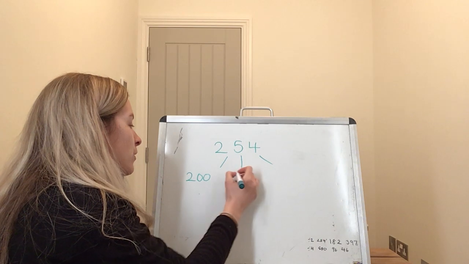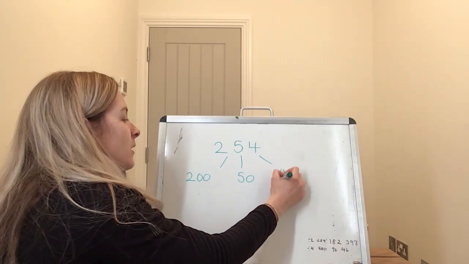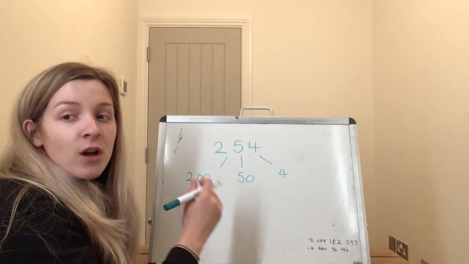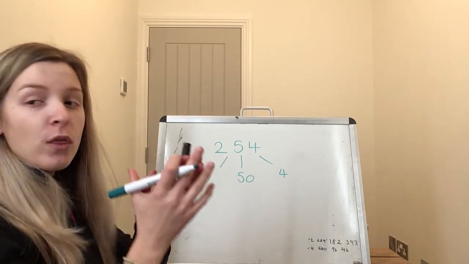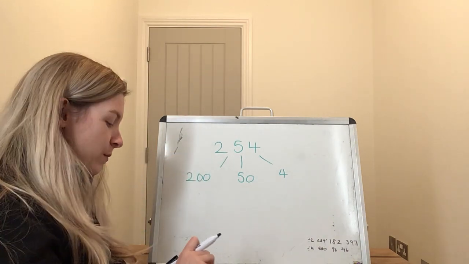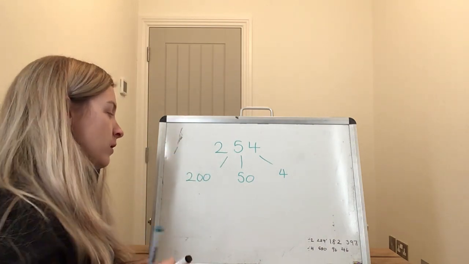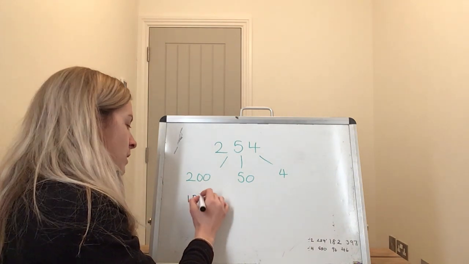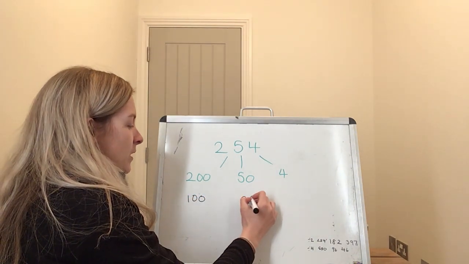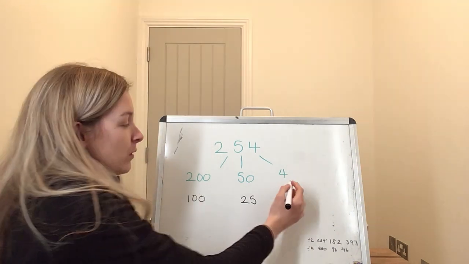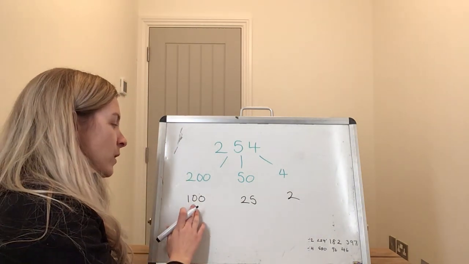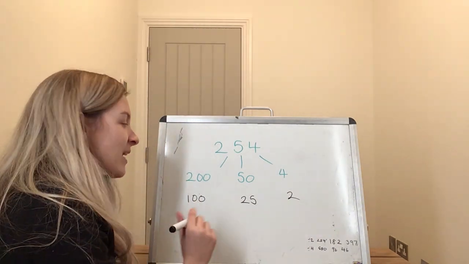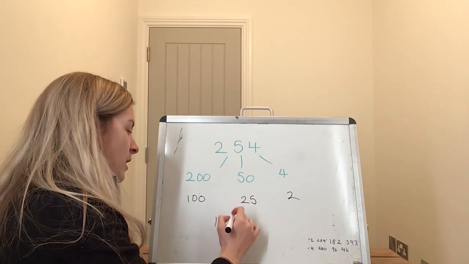So we have 200, 50 and 4, and we can half all of those, put them back together and get our final number. So half of 200 is of course 100, half of 50 is 25 and half of 4 is 2. 125 add the 2 is 127.